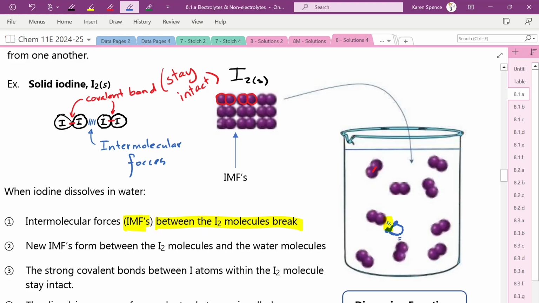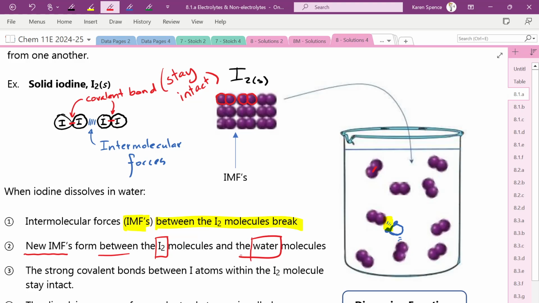So we form new IMFs between the I2 and the water. But the strong covalent bonds stay intact.